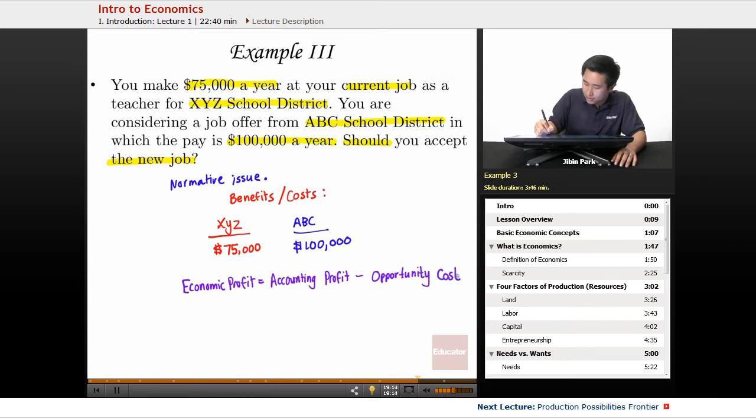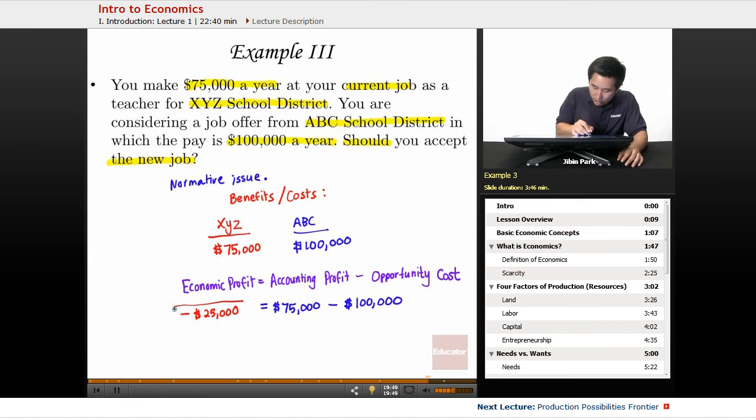So again, economics is really not about how much money you're making, but how much you're making compared to what you could have been making. In this example, if you're teaching at a job that makes $75,000 and you decide to forego a job that gives you $100,000, then your opportunity cost, your next best alternative, is a $100,000 job, and so your economic profit is negative $25,000.